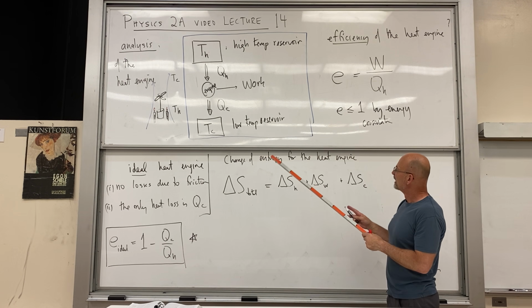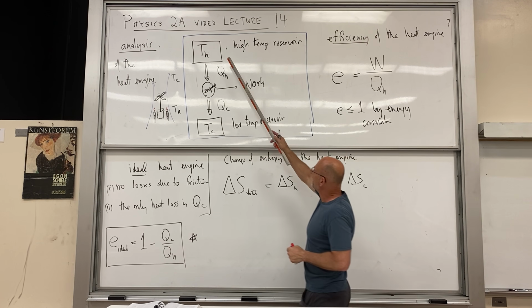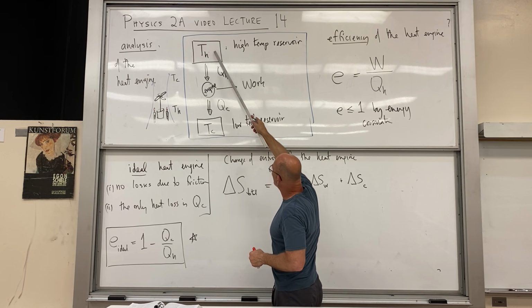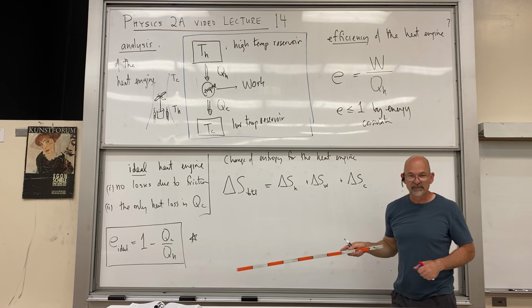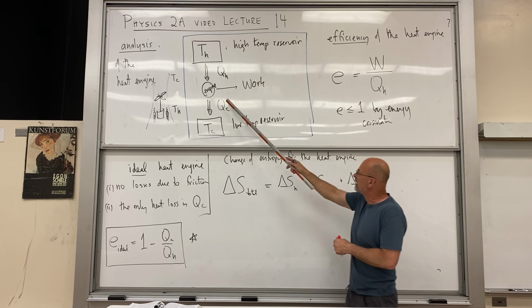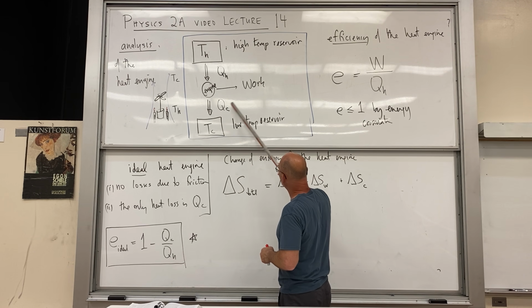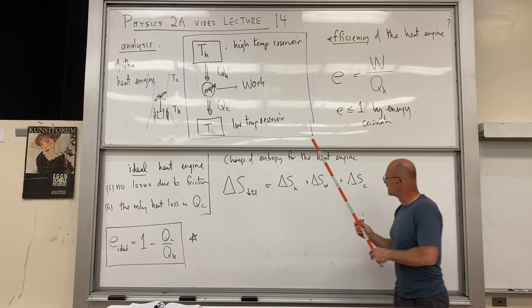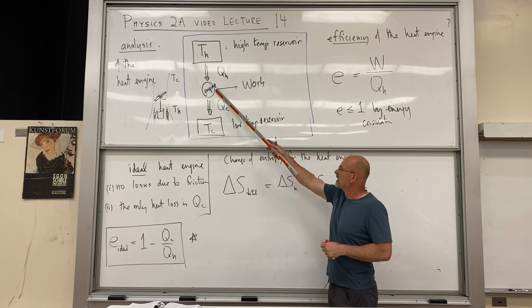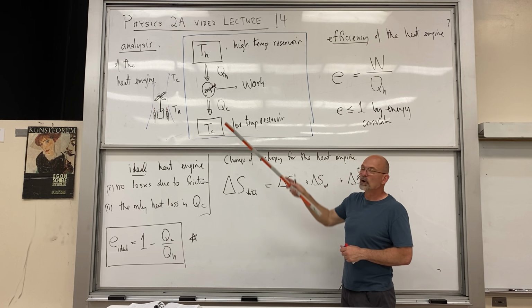In other words, there's the delta S for the energy leaving the high temperature reservoir and entering the engine. Okay, there's the delta S for the actual cycle that the engine goes through, and then there's the delta S for the exhaust, which goes from the engine to the low temperature reservoir.